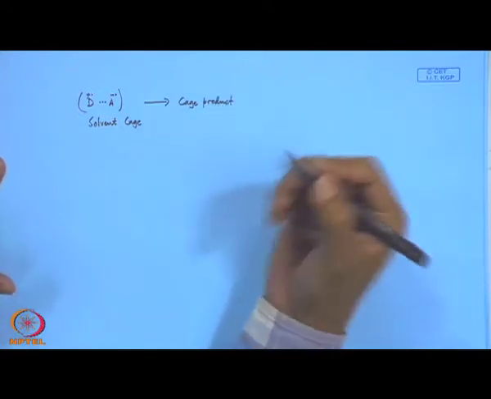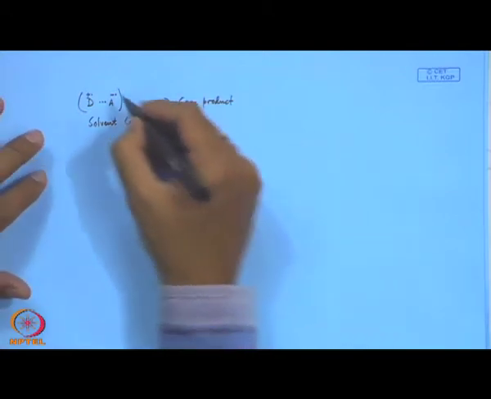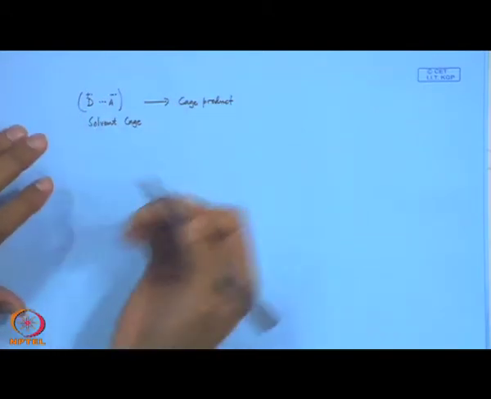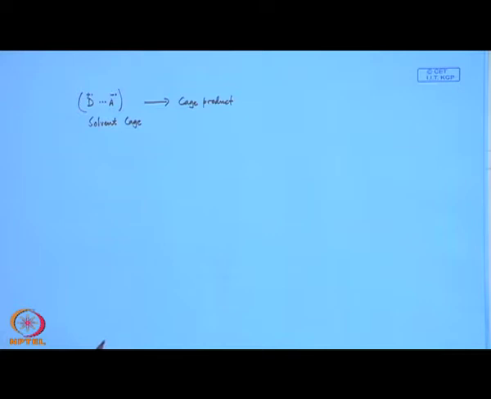Cage product means this back electron transfer leading to the donor and acceptor back, and everything is happening within the intimate solvent cage. Okay.